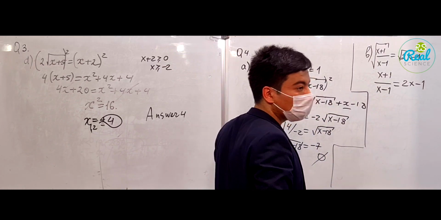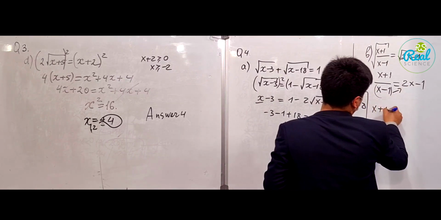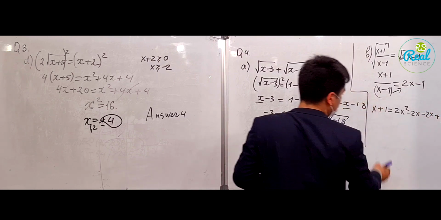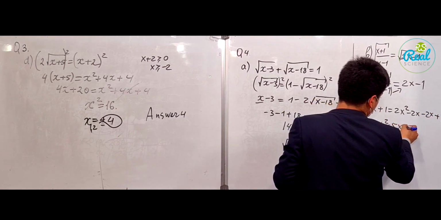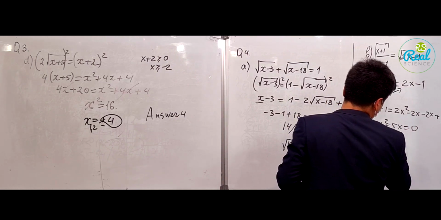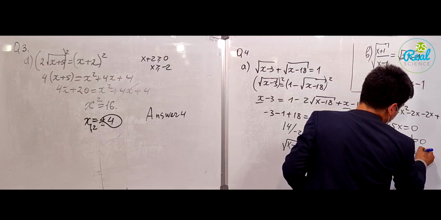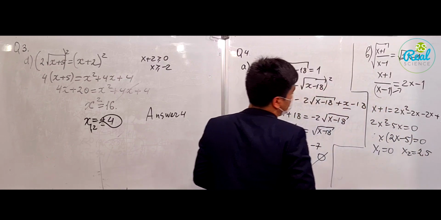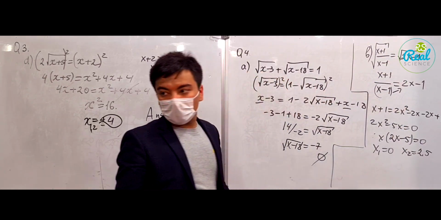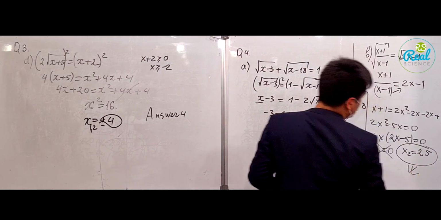So, just multiplying this to the next side, yeah? 2x squared minus 2x plus 1. 2x squared minus 5x equals 0. x and 2x minus 5, yeah? x1 is 0, x2 is 2.5. Let's put 0. 1 over minus 1 cannot be. Only answer is this one.